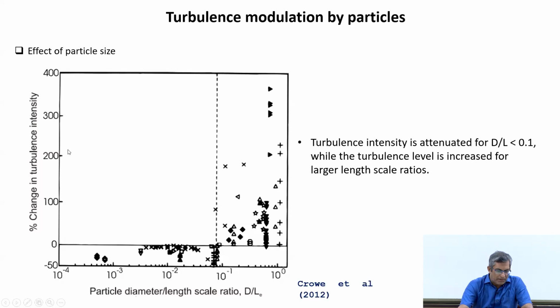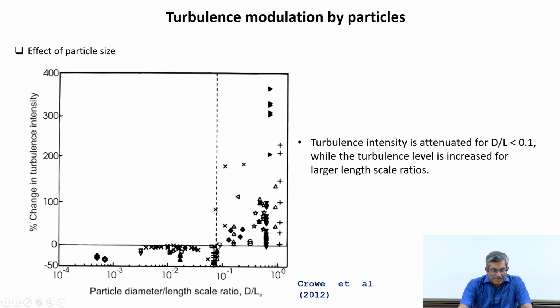So, here you see the x-axis denotes the particle diameter to the length scale ratio. Here the length scale refers to the large eddy length scale, and these are from different experiments put together. And here you have percentage change in turbulence intensity.